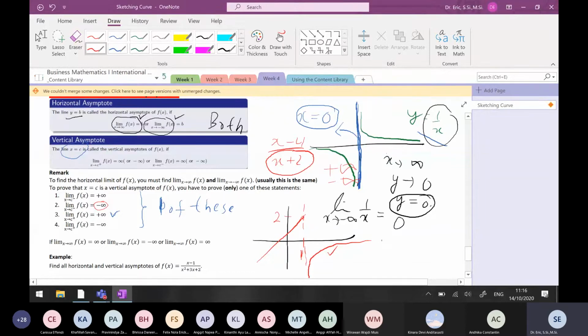So if you have this kind of function, (x minus 4) divided by (x plus 2)(x minus 2), the vertical asymptotes must be x equals 2 and x equals minus 2.